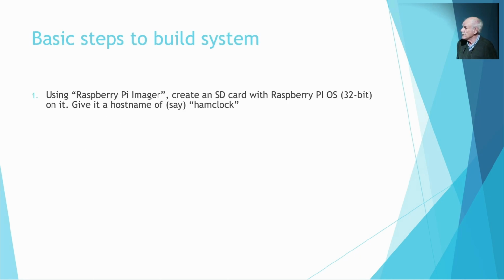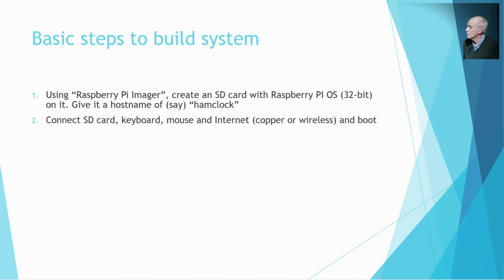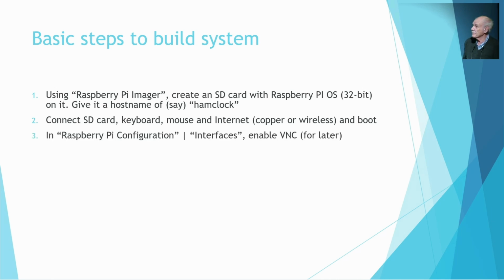So the basic steps are, for a Raspberry Pi, you just use the Raspberry Pi Imager, you create an SD card, you give the thing a host name, I'd suggest HamClock. You connect your SD card, a keyboard, a mouse, internet, and you boot it up. Go into Raspberry Pi configuration.